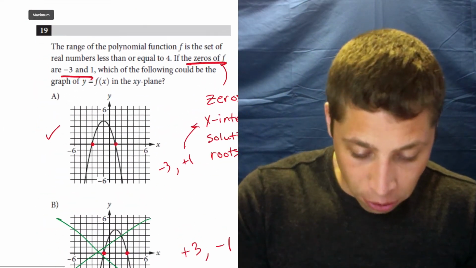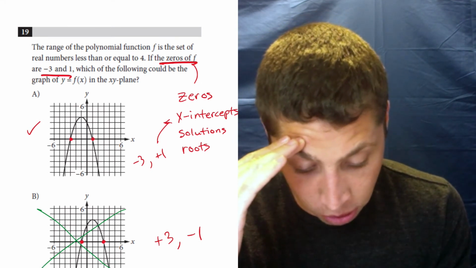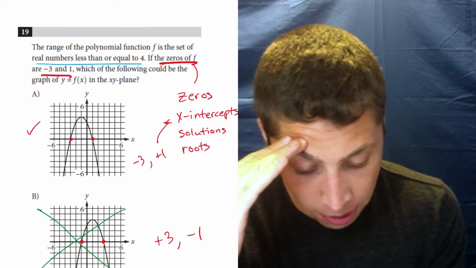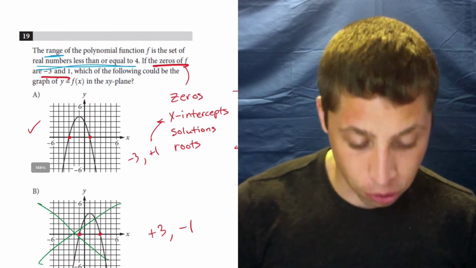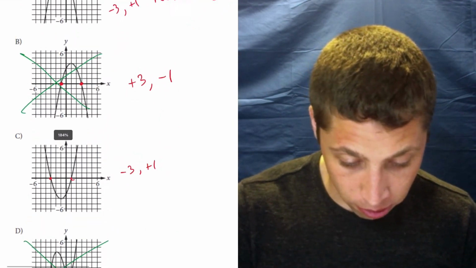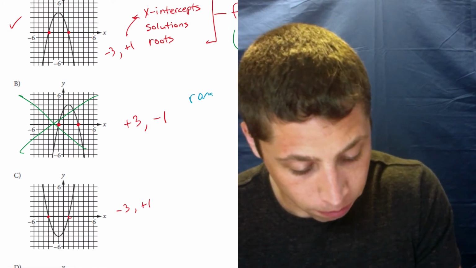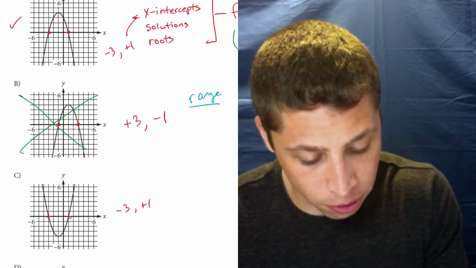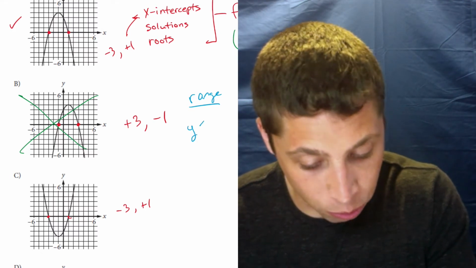And that's where we get to this other fact. The range is going to be real numbers less than or equal to 4. So just to write that in a more coherent way, let's just focus in on these A and C. The range is numbers less than or equal to 4.